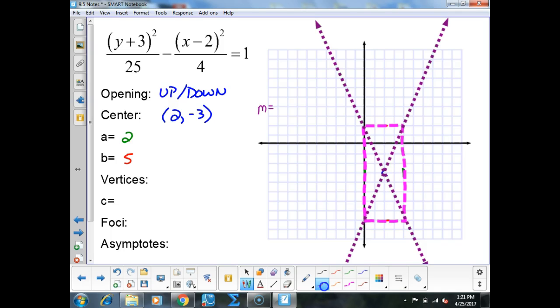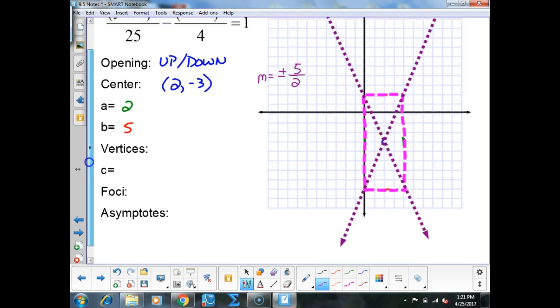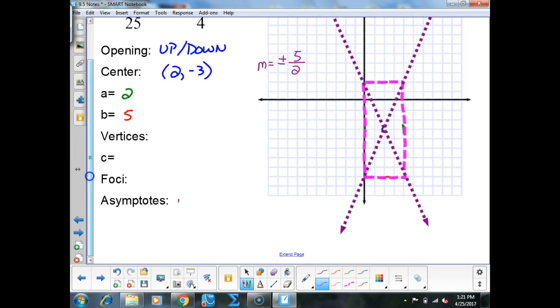So plus or minus 5 over 2, right? B over A, not B squared over A squared. So one of my diagonals is y equals 5 halves x, and one is y equals negative 5 halves x.